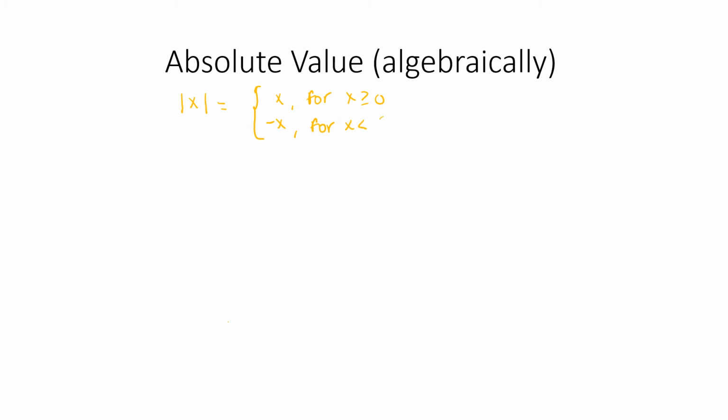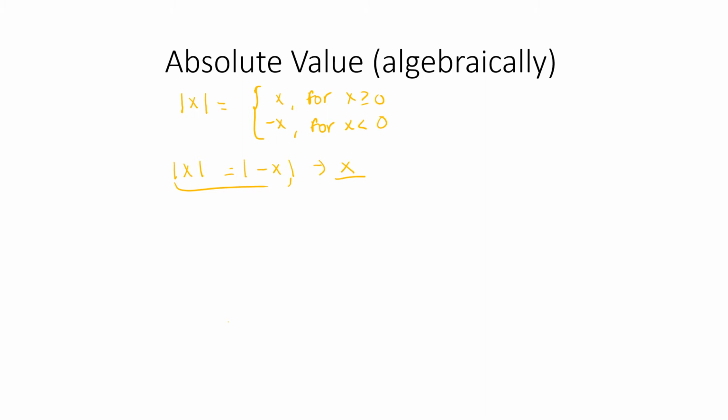And here I'm not saying that absolute value of x is -x. I'm saying that the absolute value of x will equal the absolute value of -x, because they both will produce x. They'll give us the same number.